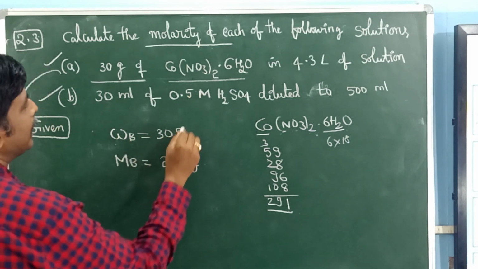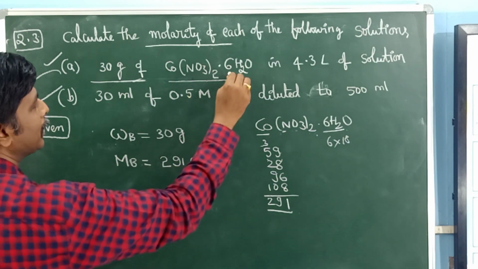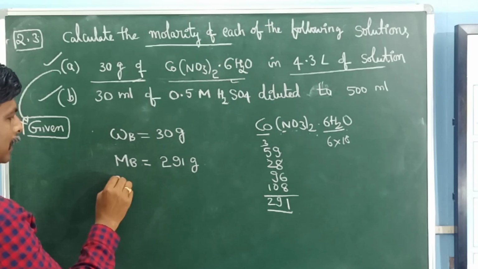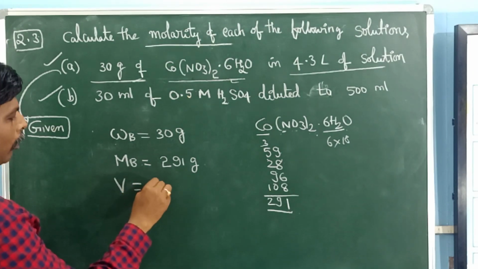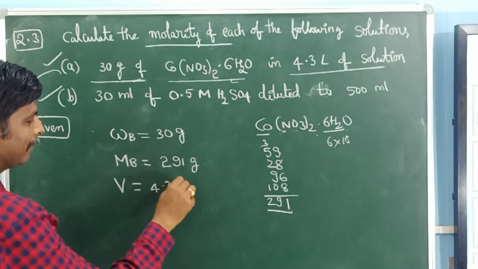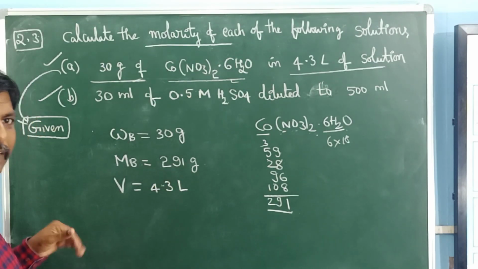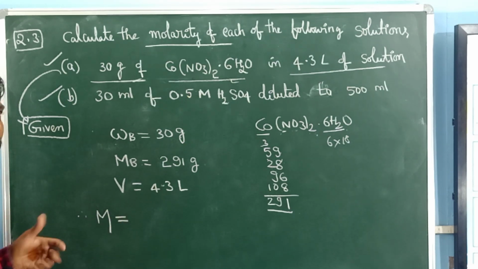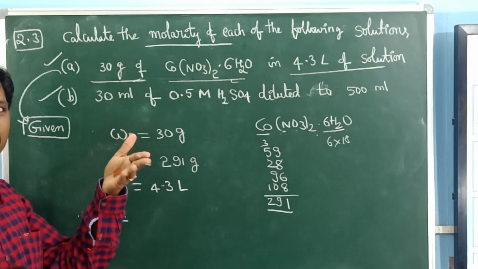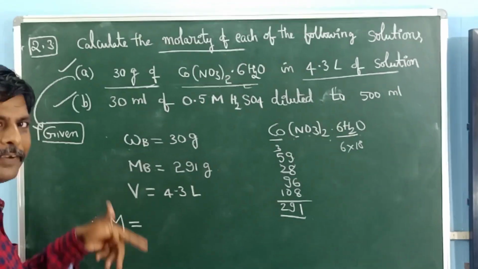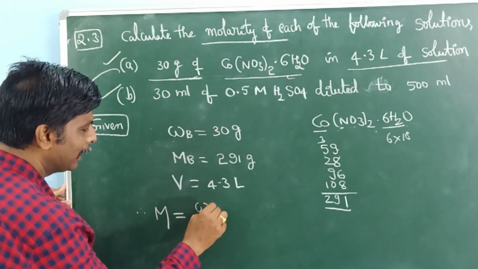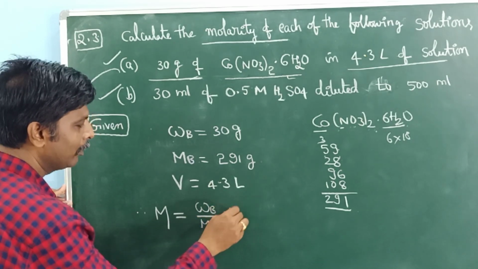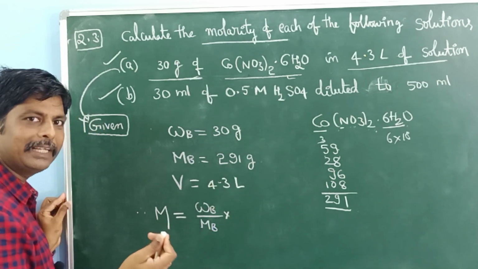Weight of solute is 30 grams. Molecular weight of solute is 291 grams. Volume of solution V is equal to 4.3 liters. Generally they will give it in ml, but in this question they gave it in liters. What is the formula of molarity? Molarity is the number of moles of solute present in 1 liter, N by V, or otherwise WB by MB, number of moles of solute, into 1000 by V, volume in ml.